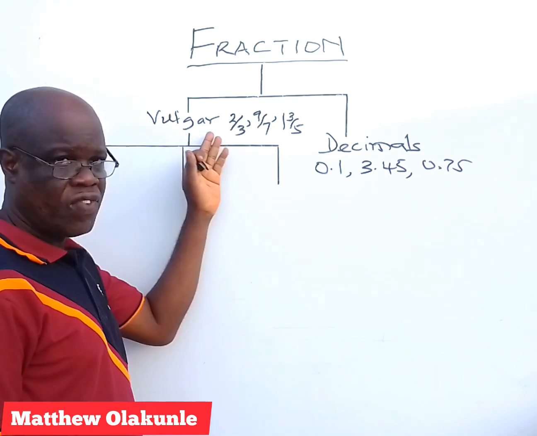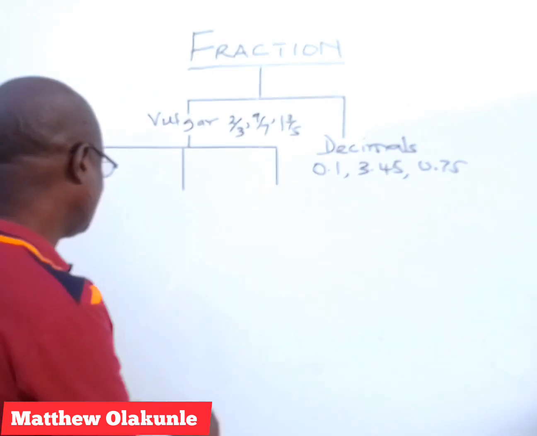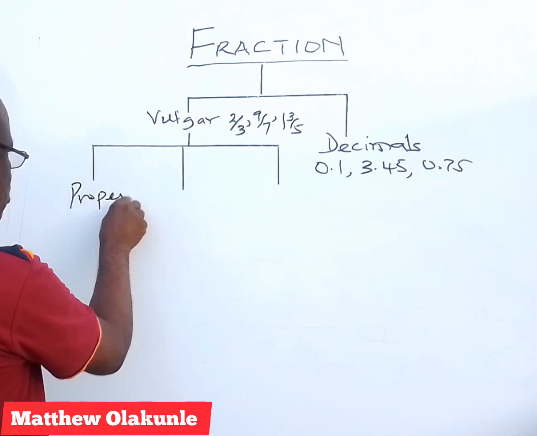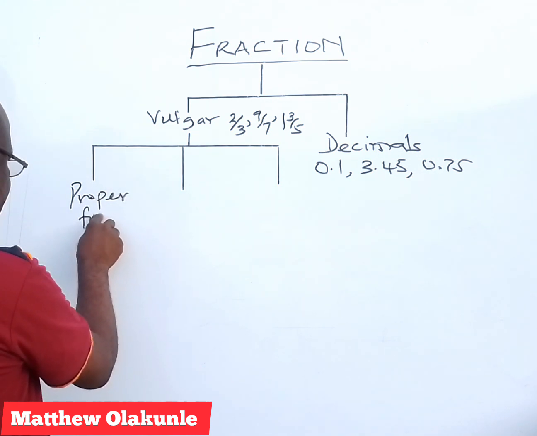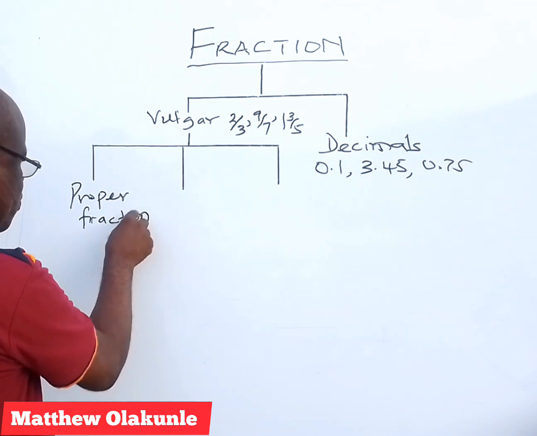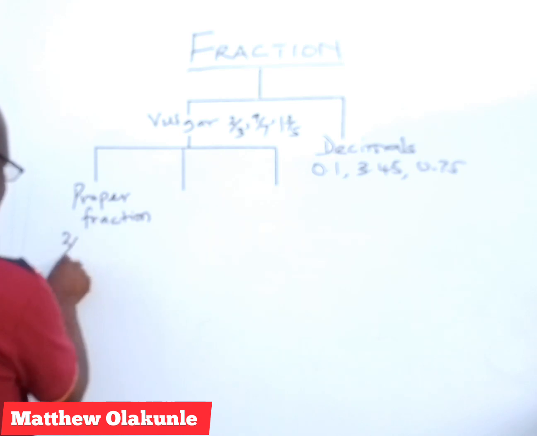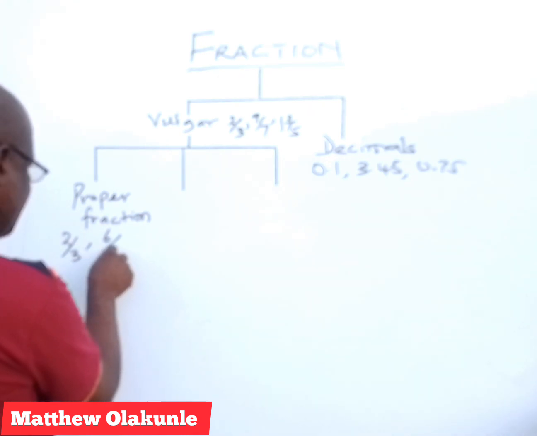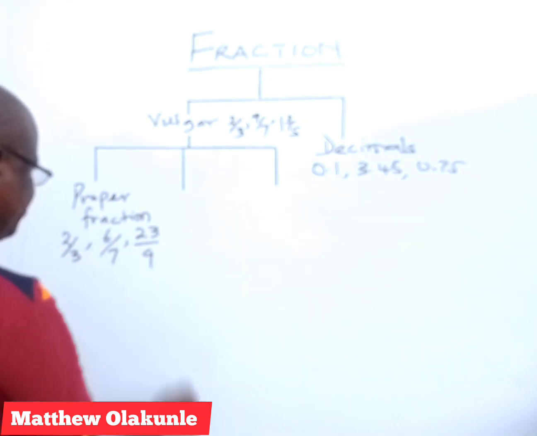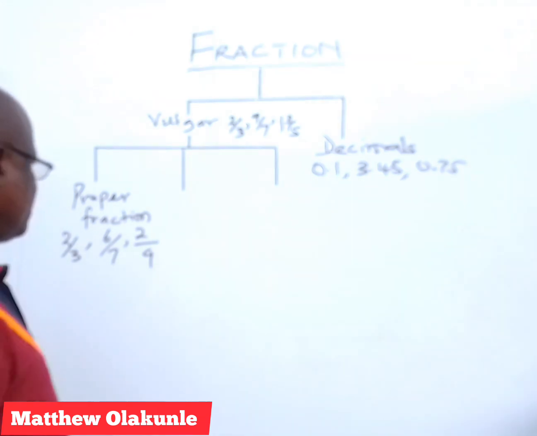And under common fractions, we still have 3 types of fractions. The first one is what we refer to as proper fractions. Examples are 2 over 3, 6 over 7, 2 over 9.